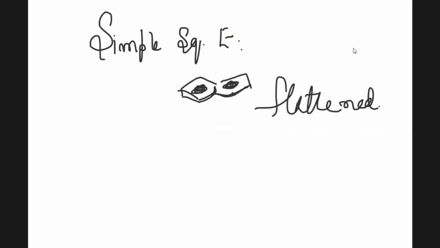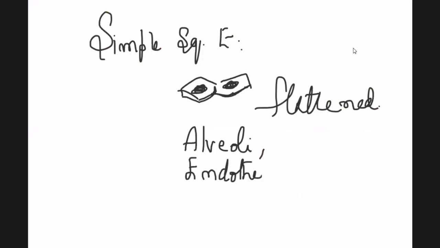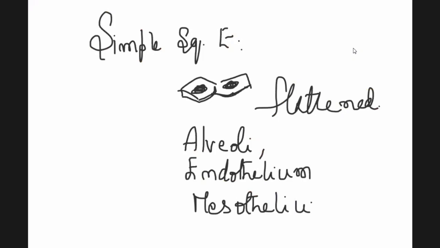This facilitates easy filtration and diffusion. Let's recall the locations: alveoli, endothelium, mesothelium, blood vessels, Bowman's capsule, viscera.